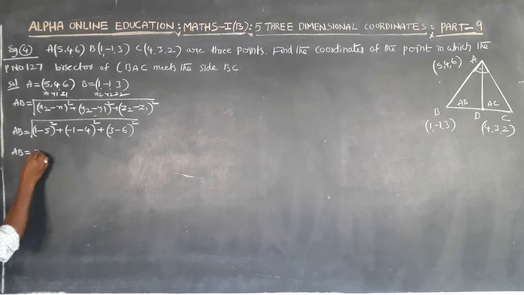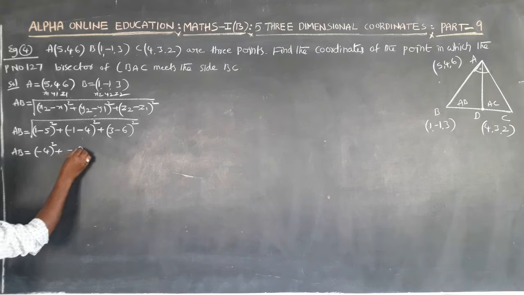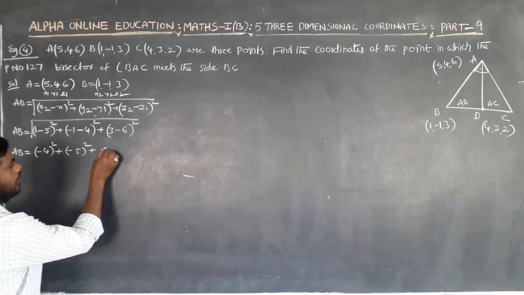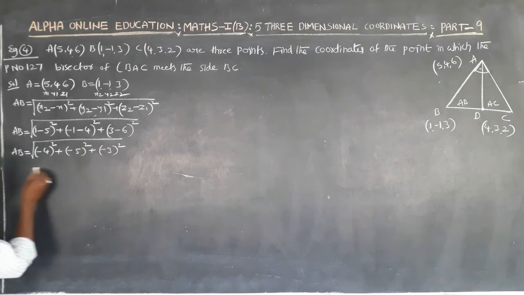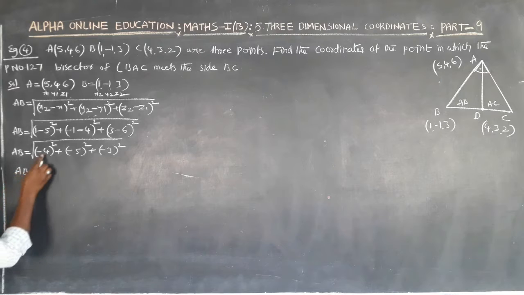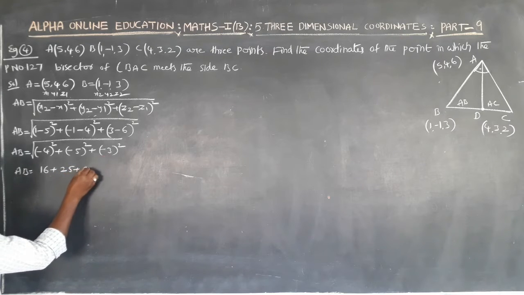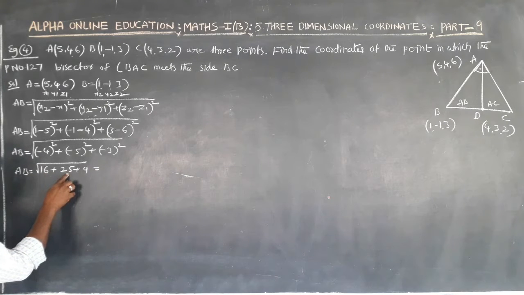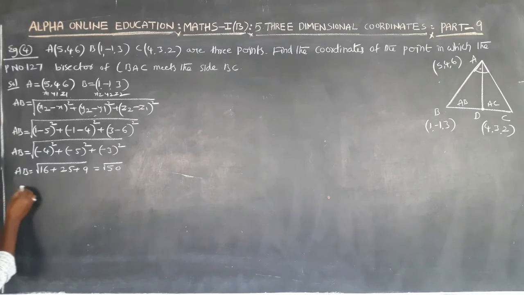AB is equal to the square root of (minus 4) whole square, (minus 5) whole square, (minus 3) whole square, which is 16 plus 25 plus 9. 16 plus 25 is 41, 41 plus 9 is 50.